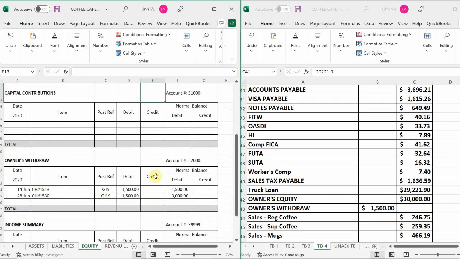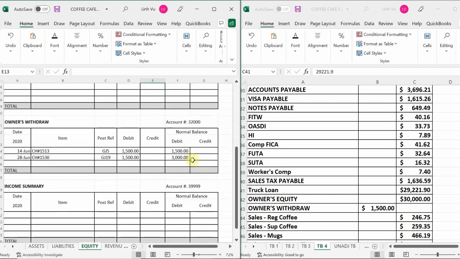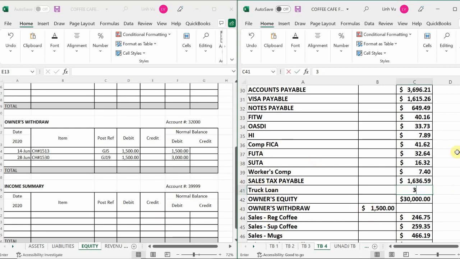And we now need to change our owner's equity because we just took out another 1,500. So I just hit the wrong one. So $3,000. Okay. So no capital contribution or income summary yet, right?